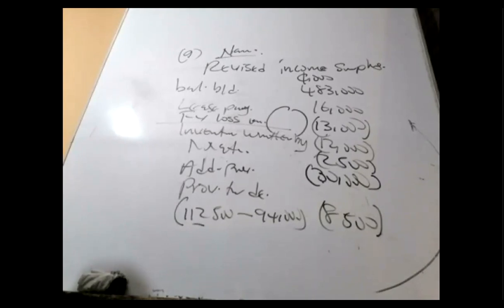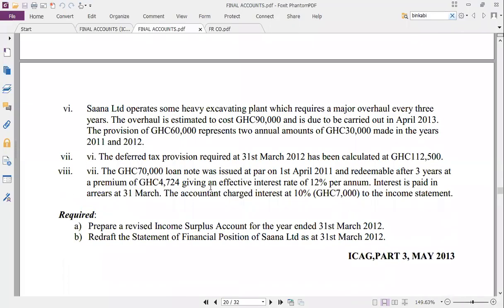Second, let's see the last footnote. The 70,000 loan note was issued at par on 1st April 2011. I like this question. 1st April 2011, meaning the beginning of the financial year, and redeemable after 3 years at a premium of 4,724.